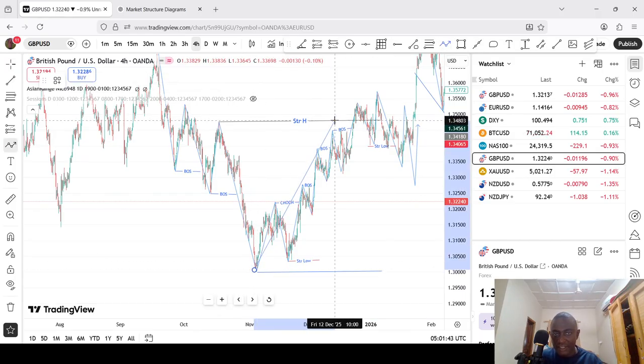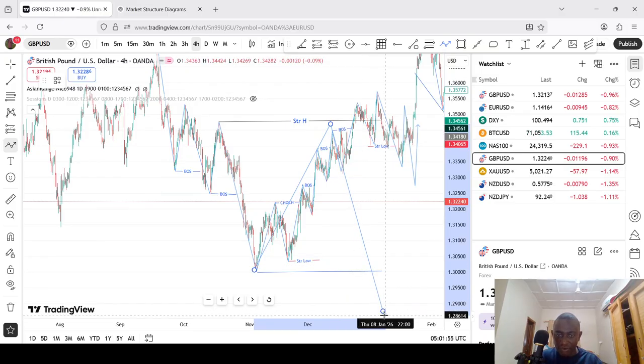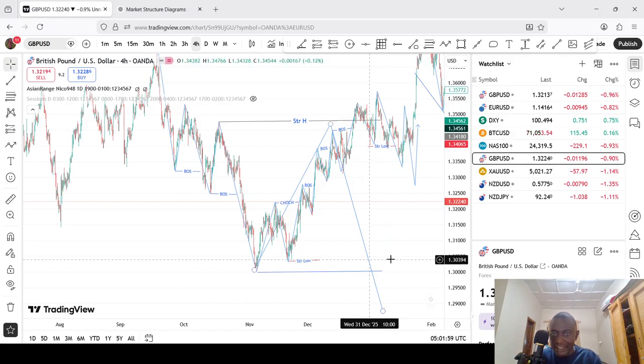Once it got here, this is the strongest high for the trend to continue. How many traders were expecting price to at least go down all the way to break this level? But it didn't happen. Do you get it?